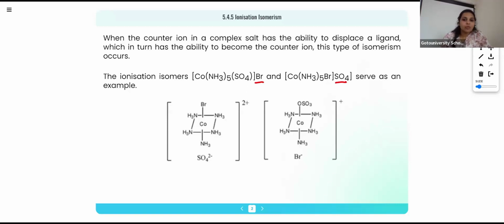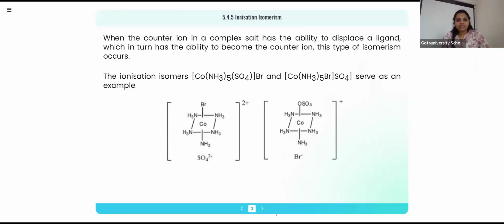These have the same formula, but when you ionize the first compound, you will get this complex ion plus Br minus. When you ionize this one, you will get this complex ion plus SO4 2 minus. The ions you get are different for these two complexes. These complexes show ionization isomerism.